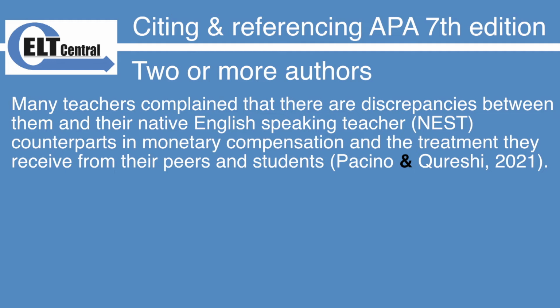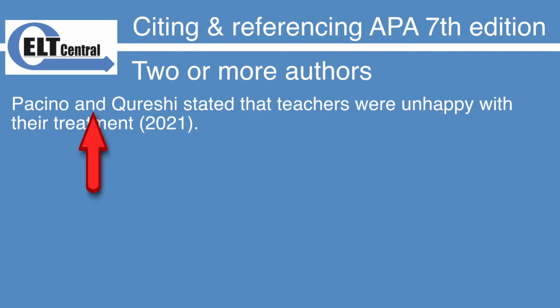However, it's different when we use the names within the text, as you'll see here. Pacino and Qureshi stated that teachers were unhappy with their treatment. So you can see here that we use the full spelling and not the ampersand because it's not inside the brackets. Okay, so if it's in the brackets, it's an ampersand, or in the reference, it's an ampersand. But if it's not, then it's A-N-D, it's the whole word.